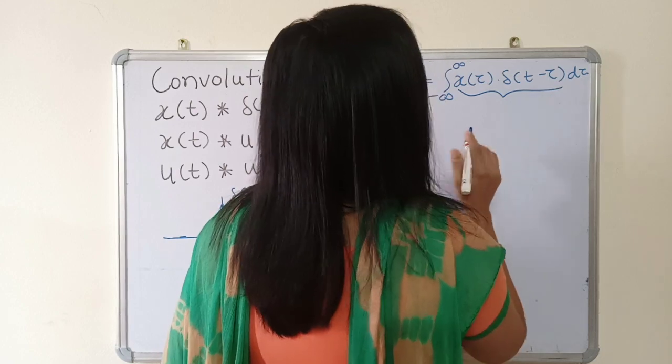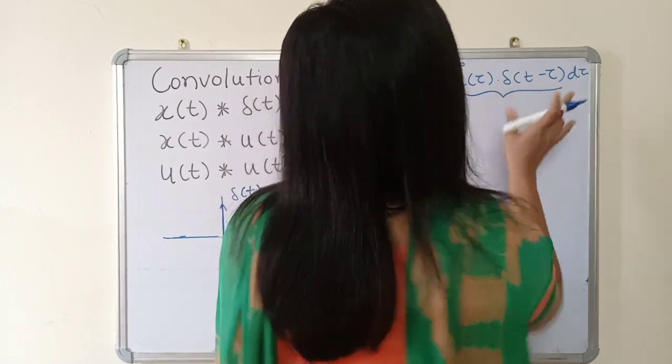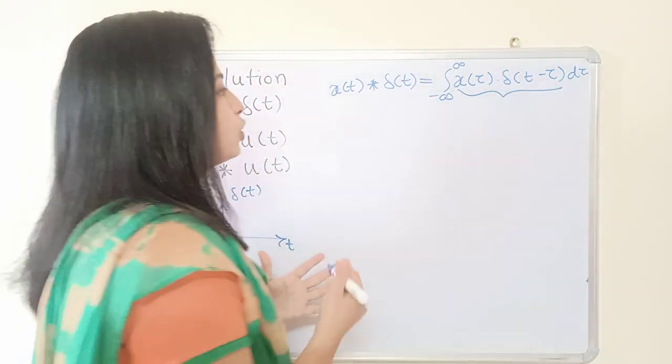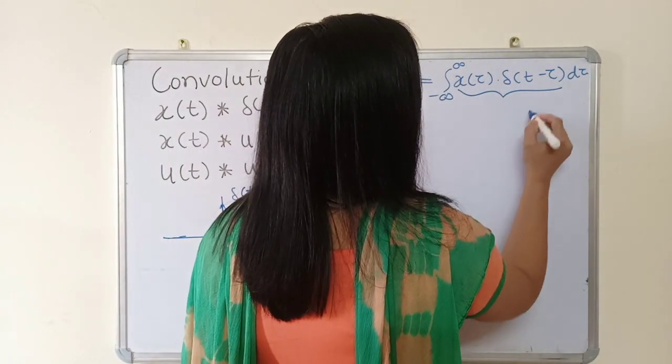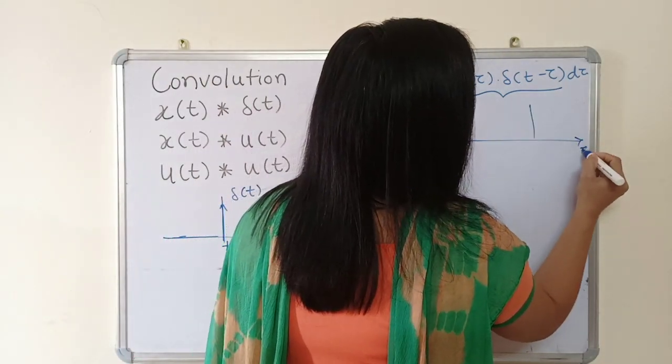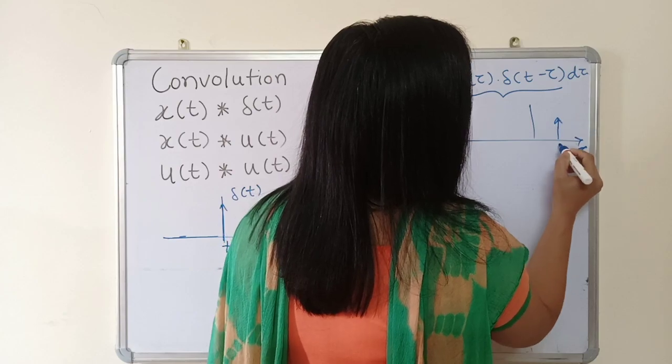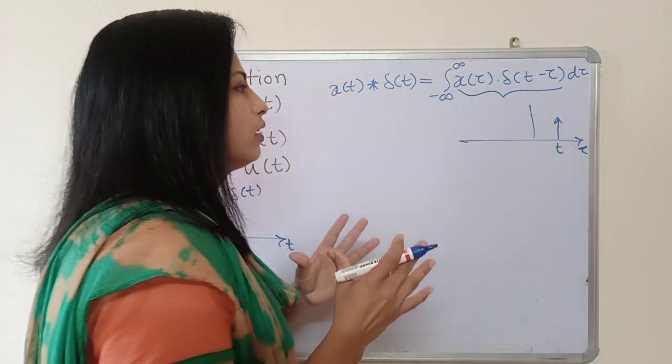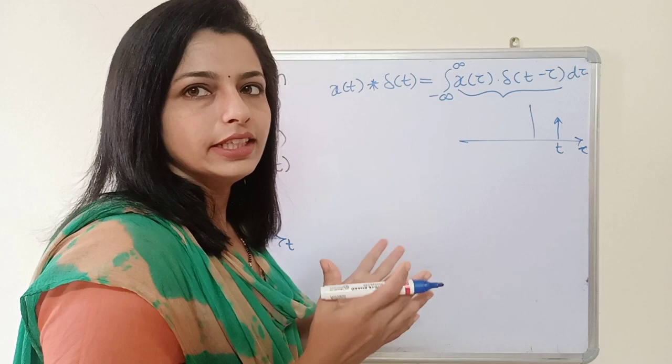Let us look at this part, the multiplication of x of tau with del of t minus tau. So del of t minus tau is a signal where this impulse is shifted to some instant t.